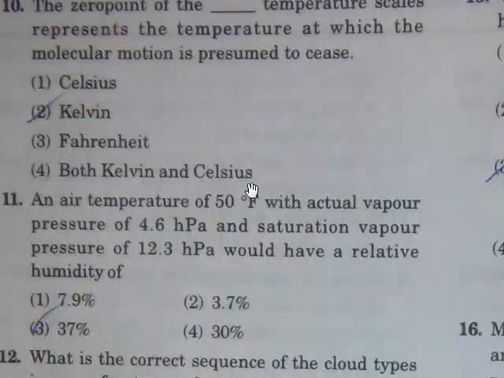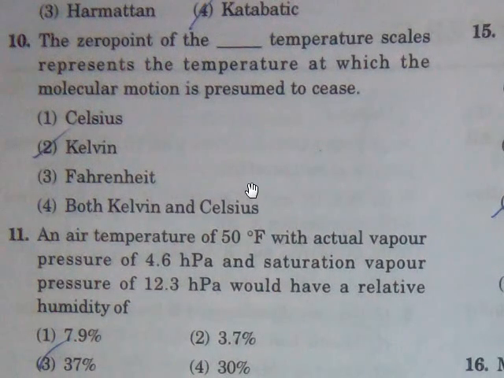So katabatic. And next, the zero point of the dash temperature scale represents the temperature at which the molecular motion is presumed to cease. So it is mainly Kelvin. The zero point of the Kelvin temperature scale represents the temperature at which the molecular motion is presumed to cease.